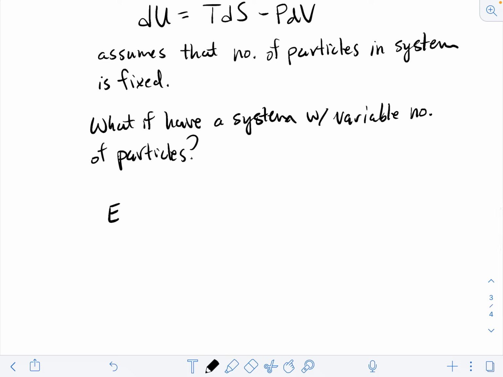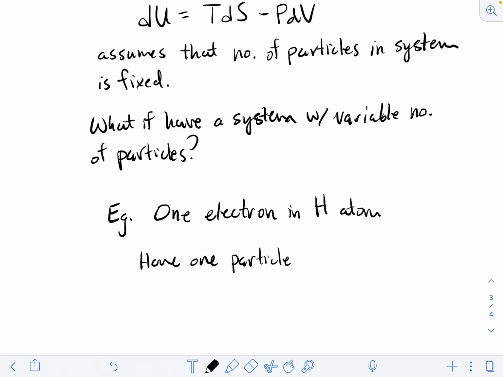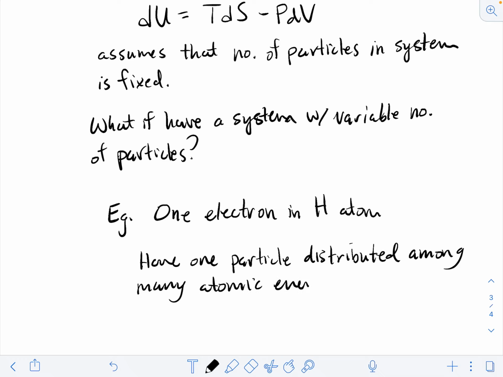For an example of a fixed number of particles in a system, you can think of one electron in a hydrogen atom. So we have one particle distributed among the many atomic energy levels of the H atom.